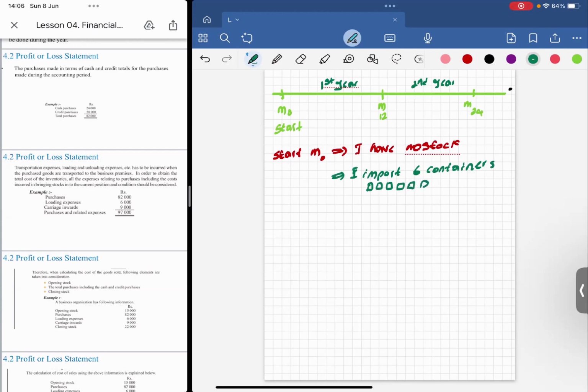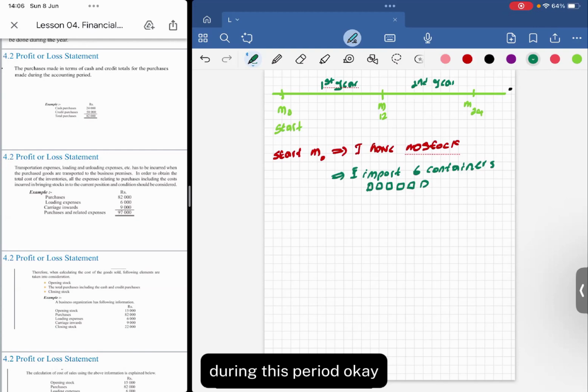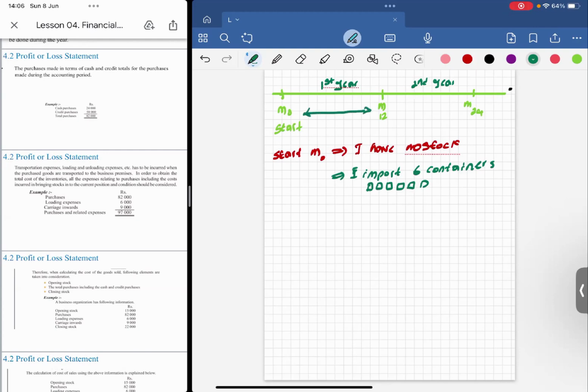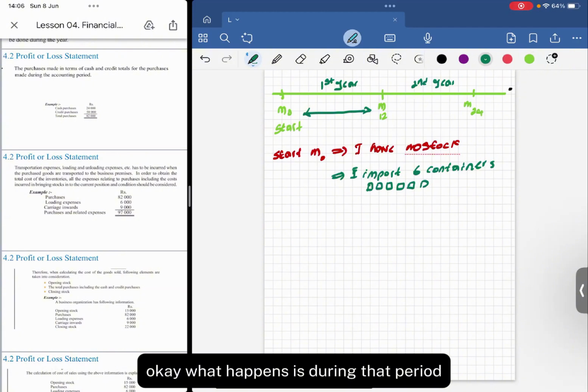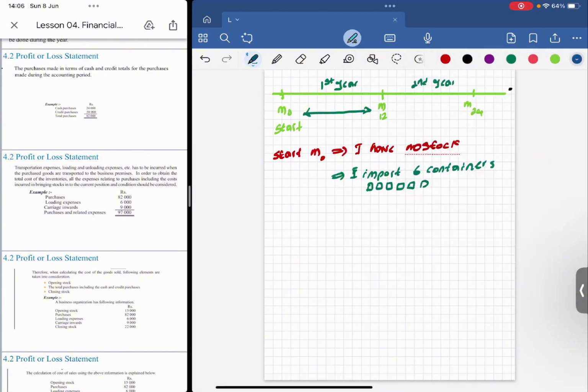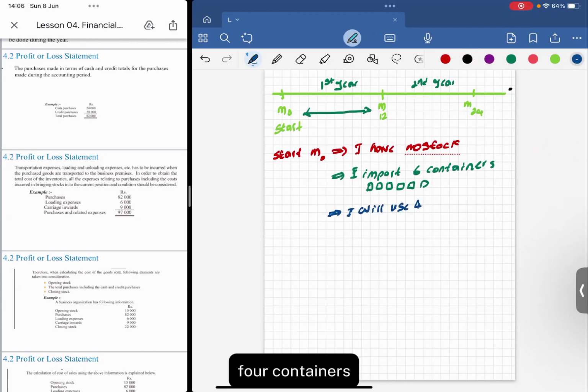Then during this period, from month 0 to month 12, I will use 4 containers.